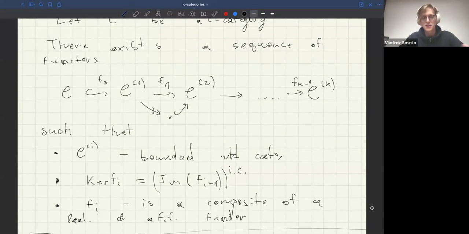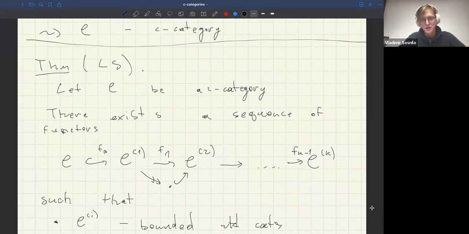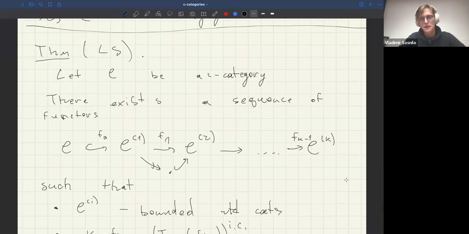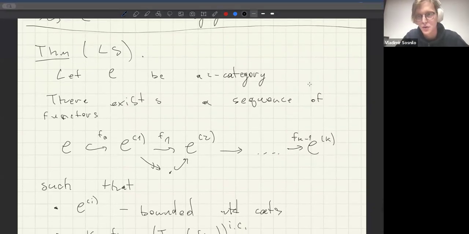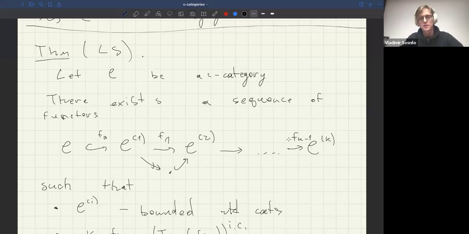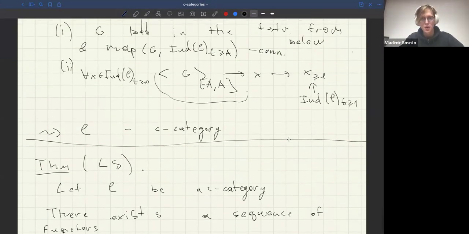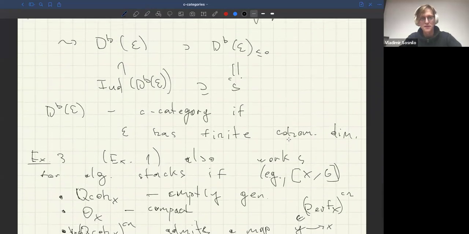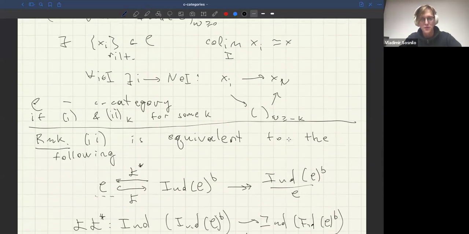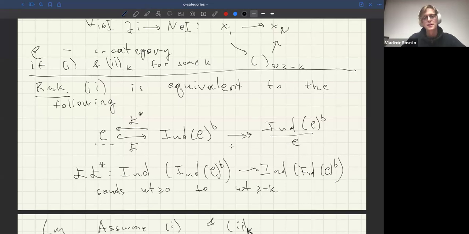Let me just say two sentences about the proof, and then I will say how it is actually used. If you remember this equivalent description of 2, it already tells you the first step of the sequence.